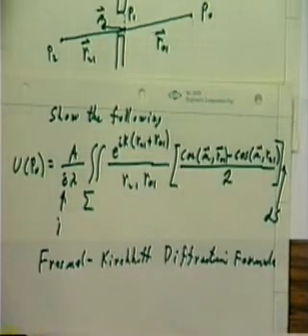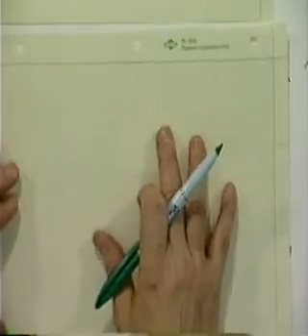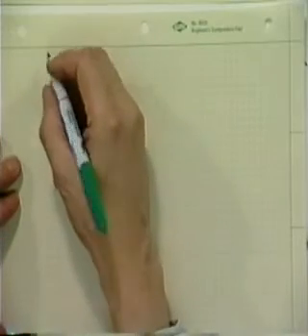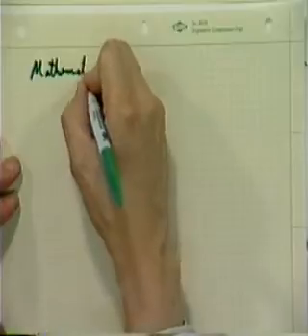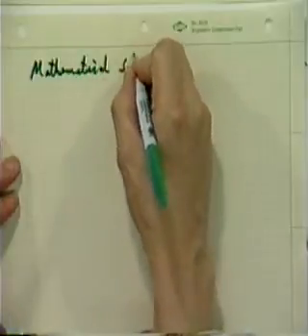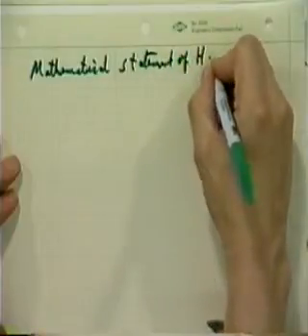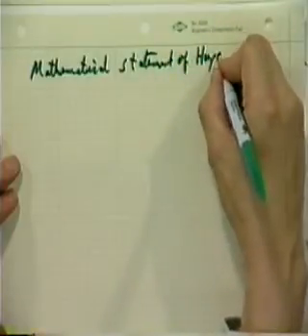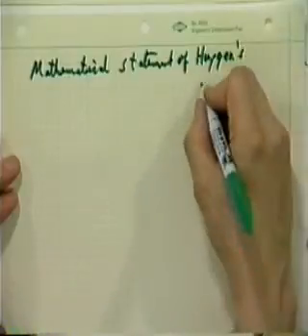And let's see why that's true. I'll move this out of the way. So we're going to rewrite this. This is just going to be a mathematical statement of what's commonly called the Huygens principle.